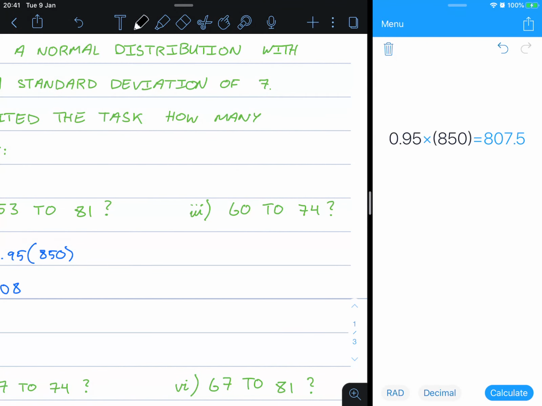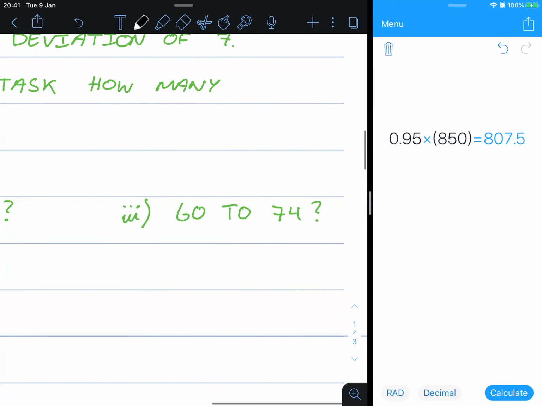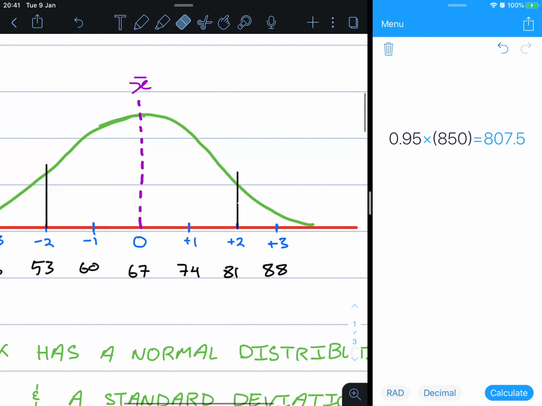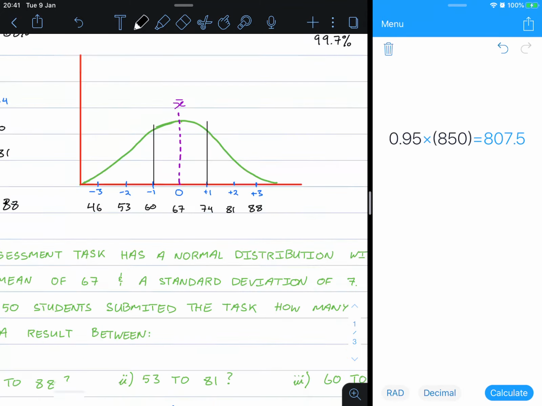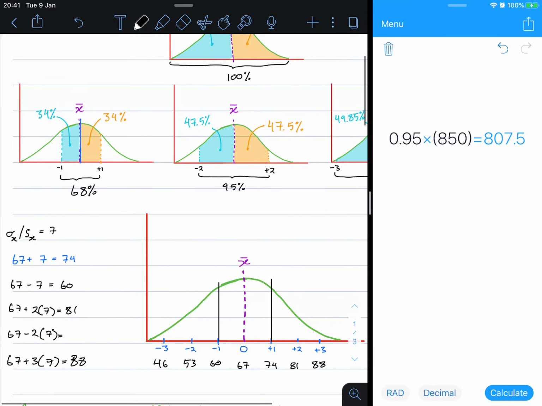Let's do this again. And I'm hoping you're beginning to see the pattern here. So between 60 and 74. Let's mark that in. So from 60, which is -1 standard deviation, to 74. That's +1 standard deviation. Well, that corresponds to 68%.